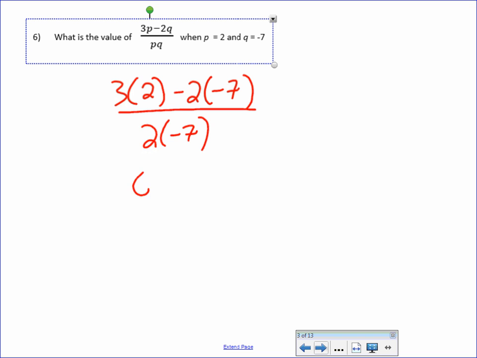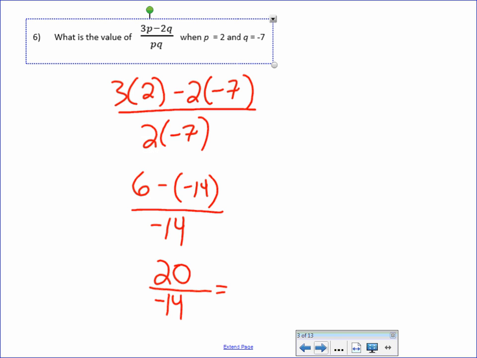And that'll give us 6 minus negative 14 over negative 14, which is 20 over negative 14. And then if we reduce that fraction, it reduces down to negative 10 over 7.